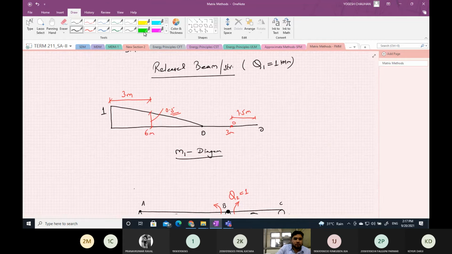The area of this triangle is the area of the M1 diagram, and the CG of this will be somewhere here, at a distance of 2 meter, because the base of the triangle is 6 meter, so it will be at one third of this, that is 2 meter, and from here it will be 4 meter.